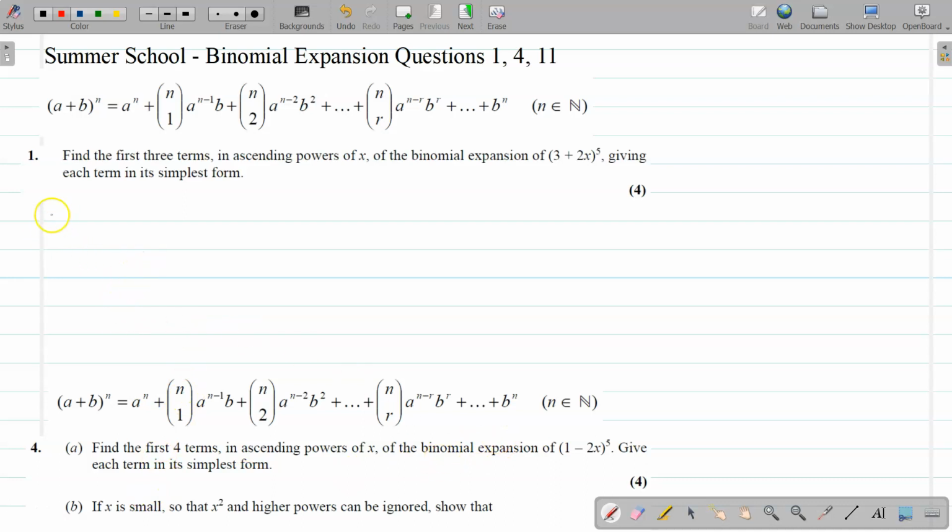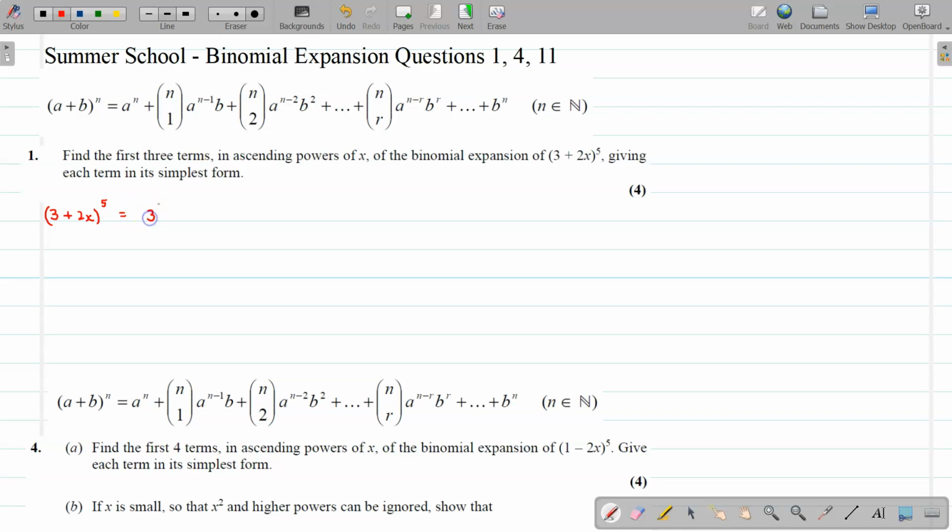So the first thing to write down is that (3 + 2x)^5 is equal to, and we start by writing it out, showing all the necessary steps. Don't just go straight into the answer, and don't try and carry too much of this in your head.